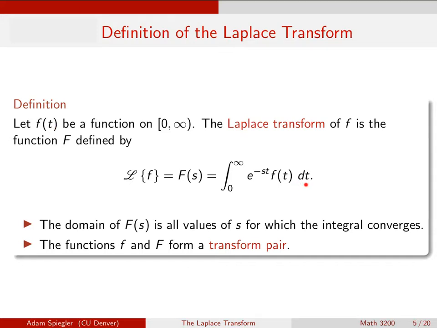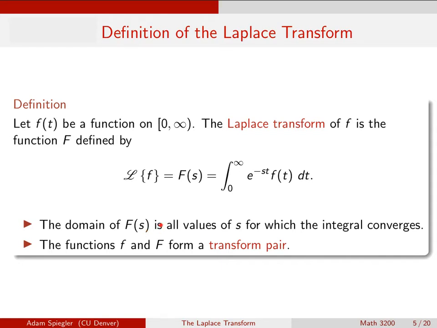Initially we're going to integrate with respect to t, which means this other letter s we're going to treat as a constant. So after we evaluate this integral and plug in our limits, what's going to be left is a function of this variable s. For now, we're going to treat s like a constant, and in the end, the Laplace transform is going to be a function of this variable s.